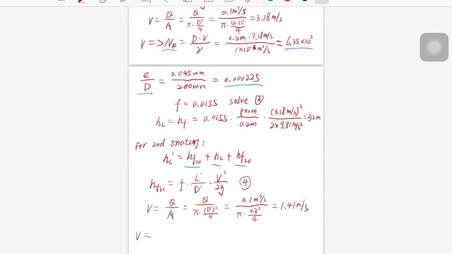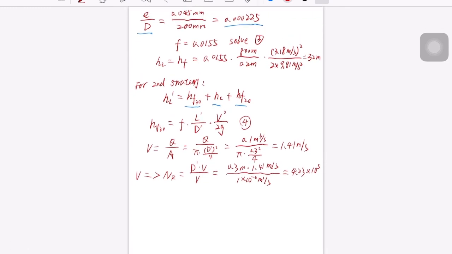So now we also can get the Reynolds number equals D prime times V prime divided by kinematic viscosity, 0.3 times 1.41 divided by 1 times 10 to the negative 6. So the value is 4.23 times 10 to the power of 5.